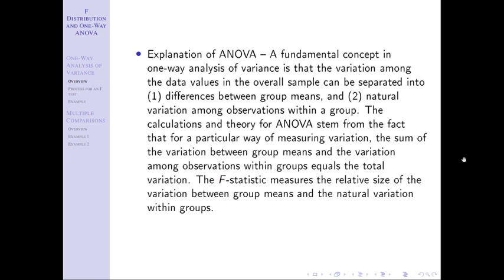And real quick before we get into reading this, and I'll explain it a little further, you should be thinking, if you just stop and think to yourself, how did we test a one sample mean? Well, we tested a one sample mean by finding a test statistic, and that test statistic was derived by the formula x bar minus mu over s divided by square root of n. We took the difference between x bar and mu.